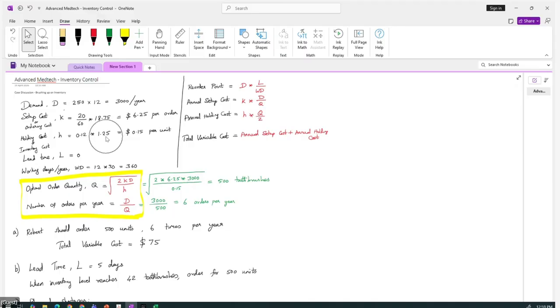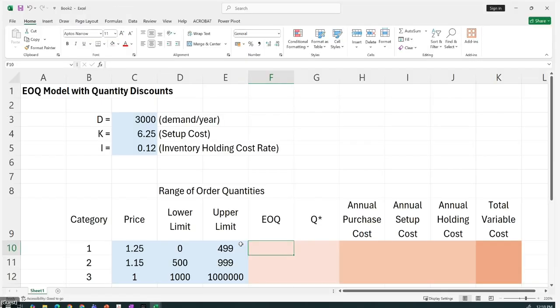The unit cost, right? So in this case, what will be my formula? It will be equal to square root of 2 into K. Okay, so let me name this as D. Let me name this as capital K. Let me name this as capital I.